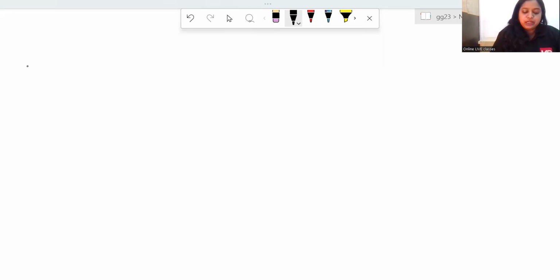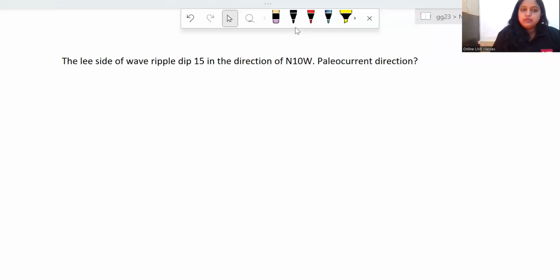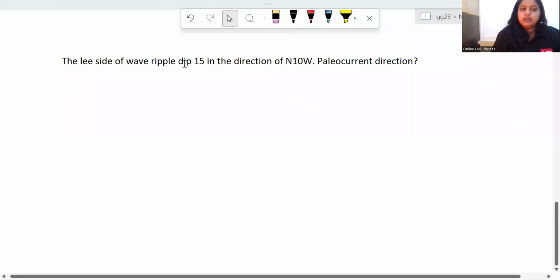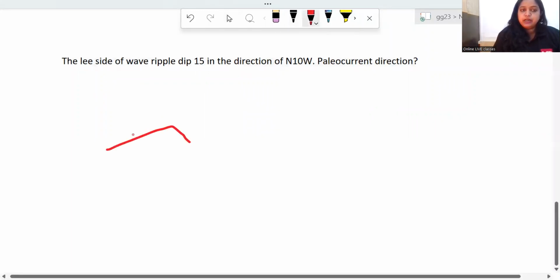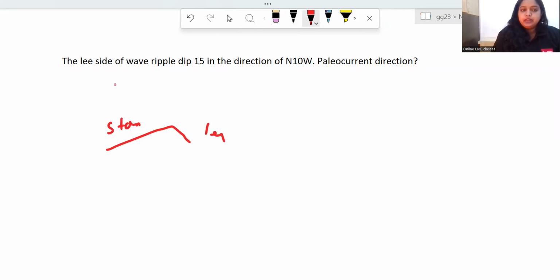What was the paleocurrent direction? We know that whenever it comes to the ripple mark, the stoss side and lee side, whichever direction the lee side is dipping, that direction defines the direction of current.